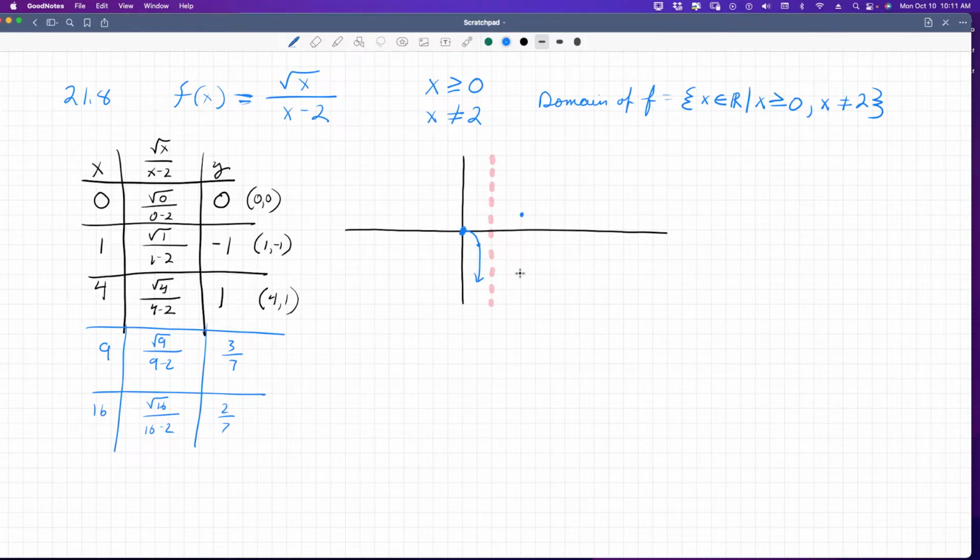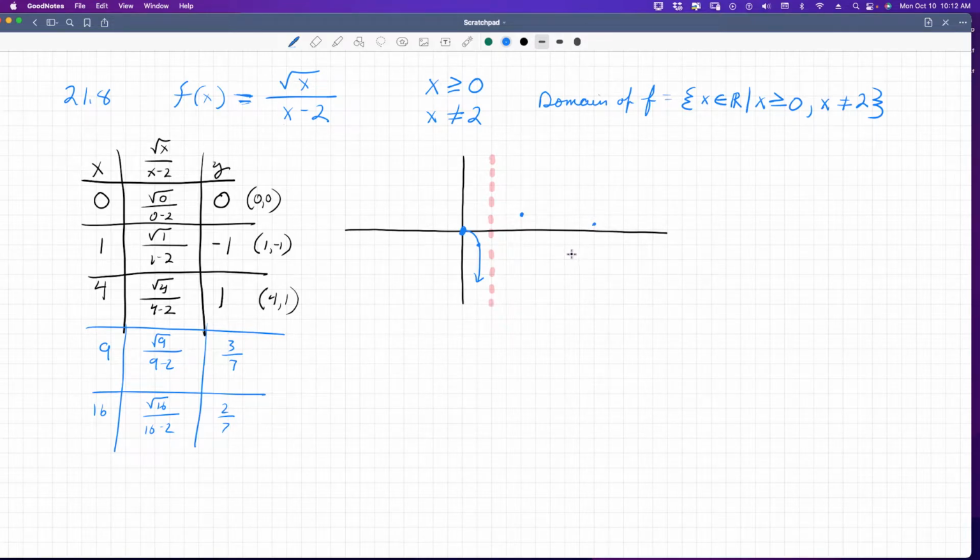So 9, let's see, 9 and 3/7, that'd be 1, 2, 3, 4, 5, 6, wait, 1, 2, 3, 4, 5, 6, 7, 8, 9. And 3/7 would be about right here.